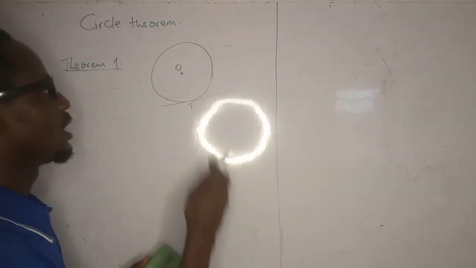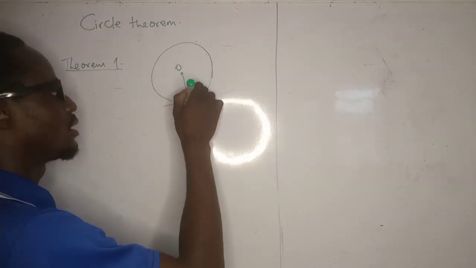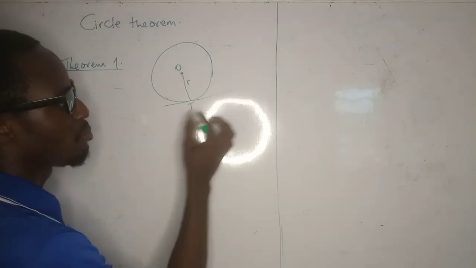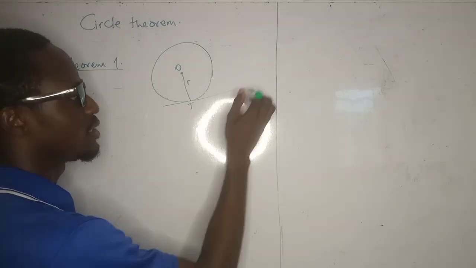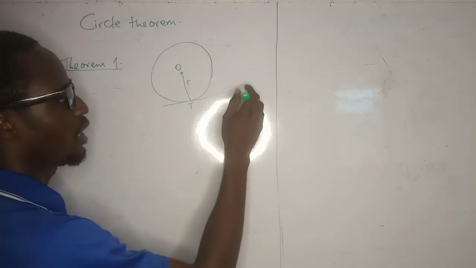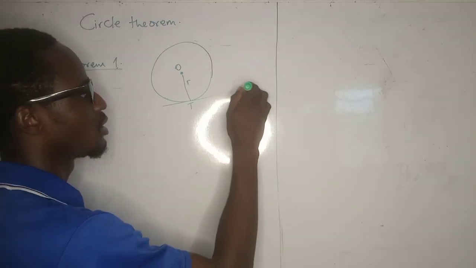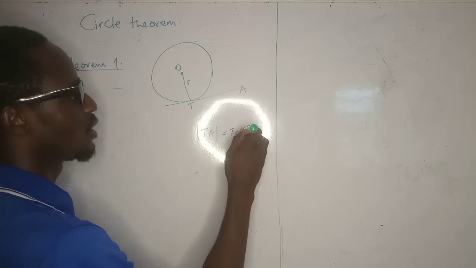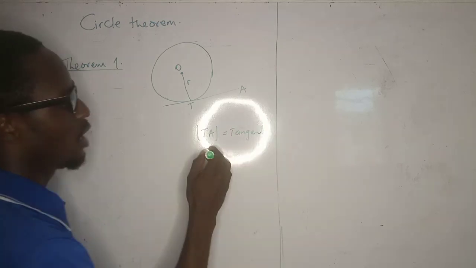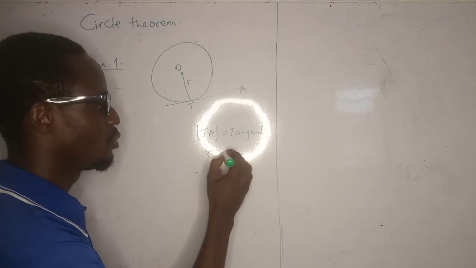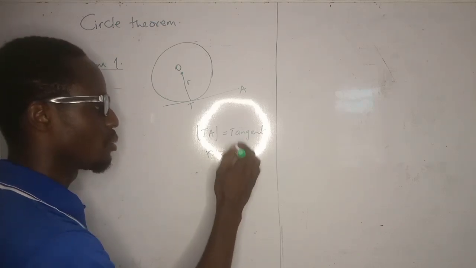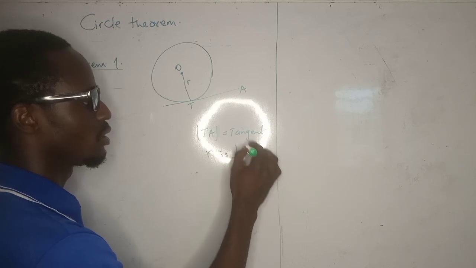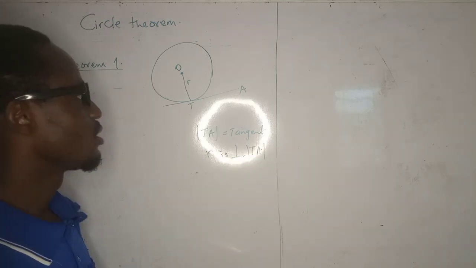Which means that this line, which happens to be the radius of the circle, is perpendicular to the tangent TA. So if TA is a tangent, then the radius is perpendicular to TA. That is what the theorem is talking about.